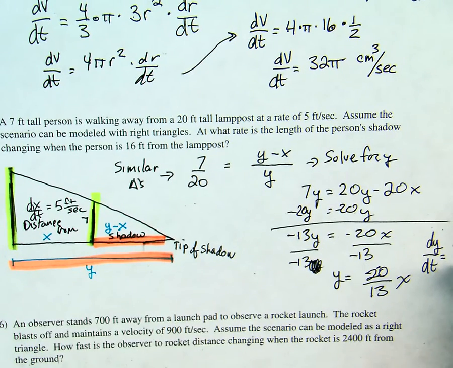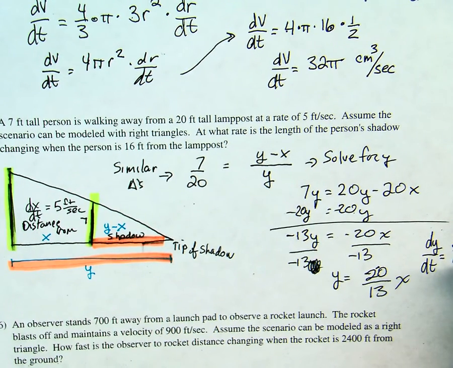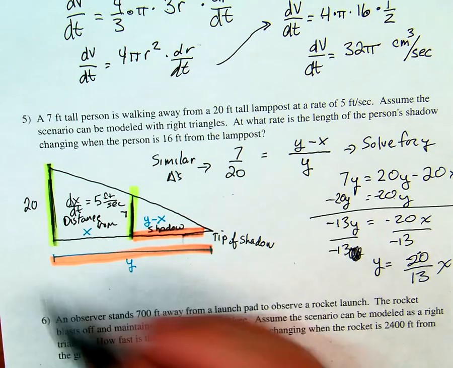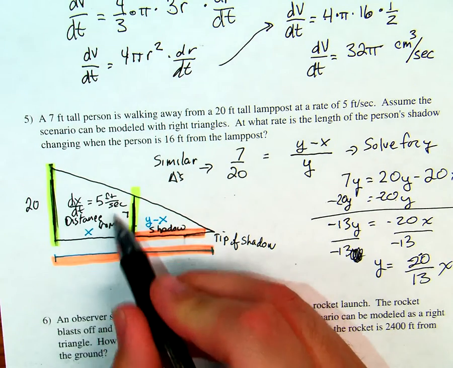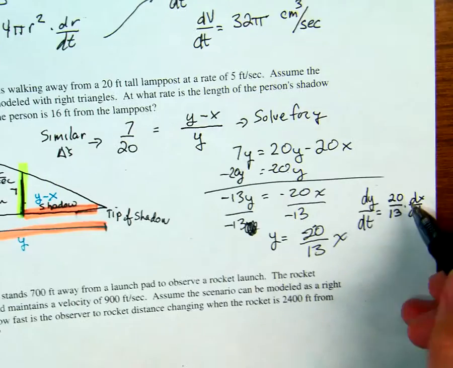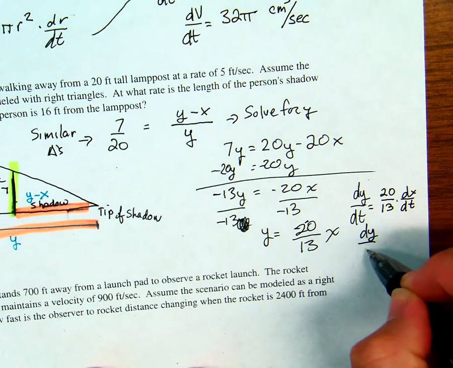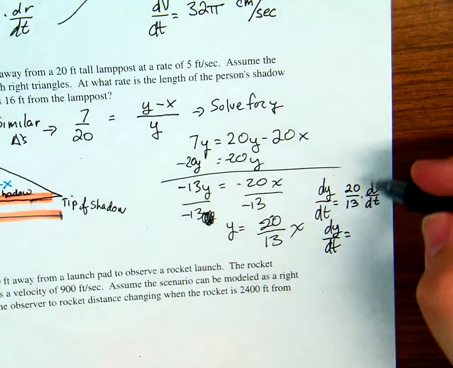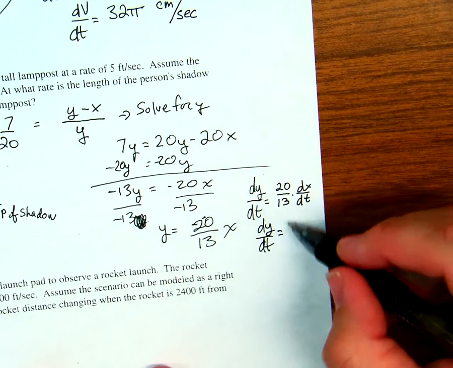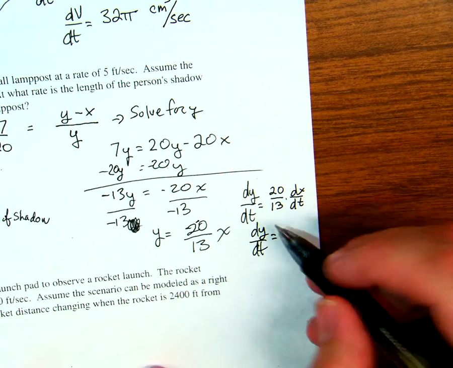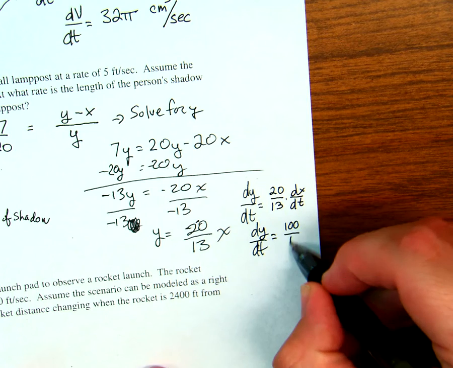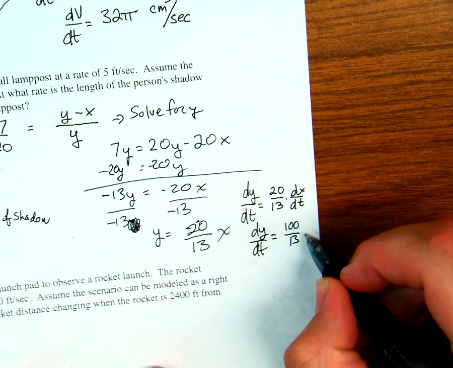The distance is changing at 5 feet per second. So we go back over to here, we get dy dt is equal to, what's 20 times 5? 100 over 13. And now we're getting into weird fractions. 100 over 13, that would be feet per second.